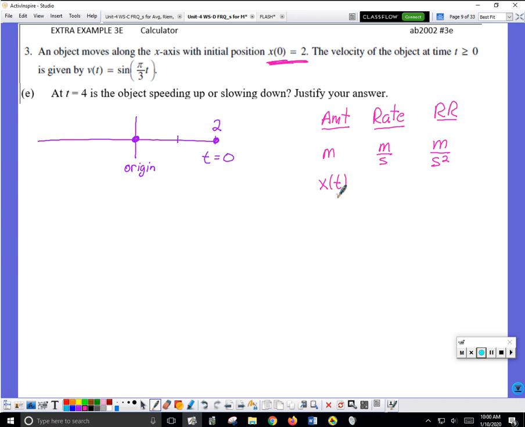Positive. So if I'm moving to the right and the wind is blowing to the right, I'm going to speed up. So you need to have memorized this, that if the velocity is positive and the acceleration is also positive, the particle speeds up.